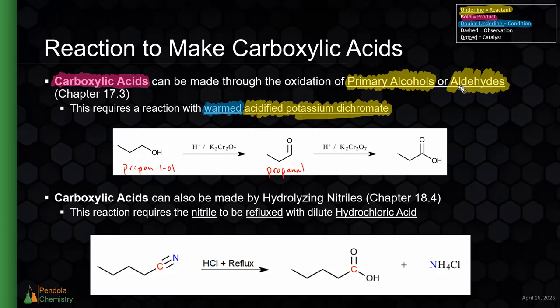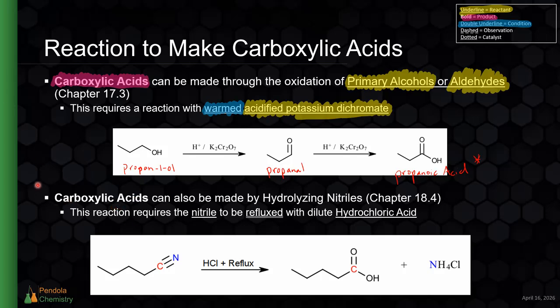Propanal, which is the aldehyde here, would then be further oxidized by the dichromate into propanoic acid. So whether we start with propan-1-ol or propanal, as long as we're reacting with warmed acidified potassium dichromate, or warmed acidified potassium permanganate, we would eventually end up with our propanoic acid, our carboxylic acid. So that's one way in which we can create carboxylic acids.